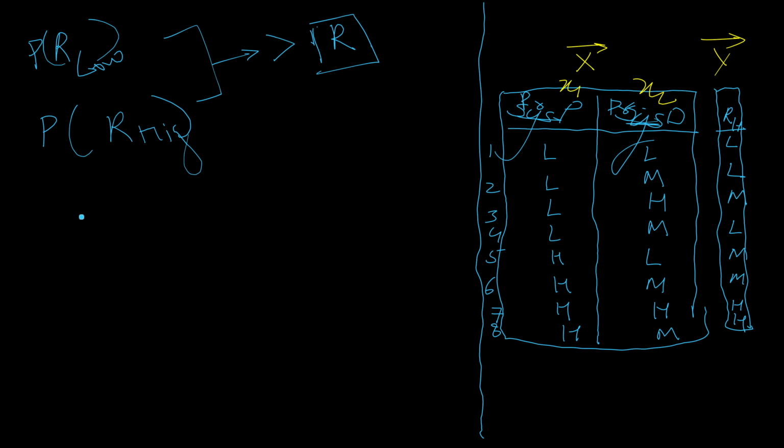Okay, so if I am computing my P(R low) given a particular data set, okay, suppose I've got a data vector, x vector. Okay, and what is my x vector? X vector is my x1 and x2.